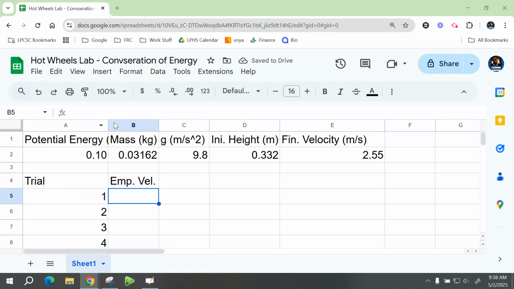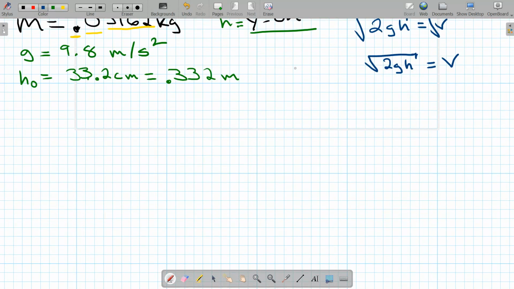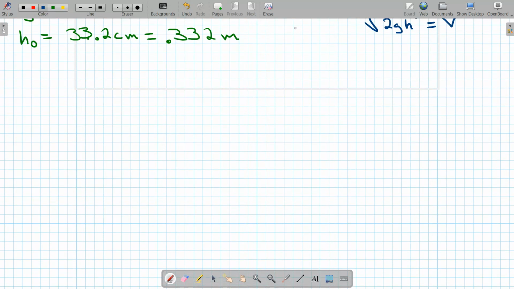So what you're looking for in their data, I'll write this down real quick so you guys can see it. In the data on the LabQuest, it'll say time, and then it'll say position. What's the next thing it says? Does it say velocity?